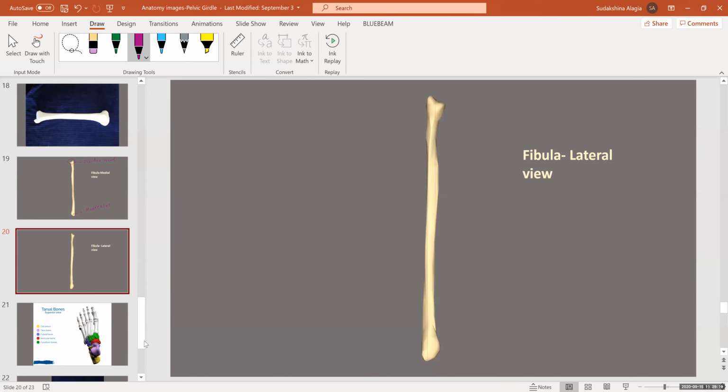Lateral view, meaning the tibia will be behind. We are looking at the lateral side. This is what I mean by the head being kind of obtuse as opposed to the distal end, kind of pointy. Lateral malleolus, fibular head.